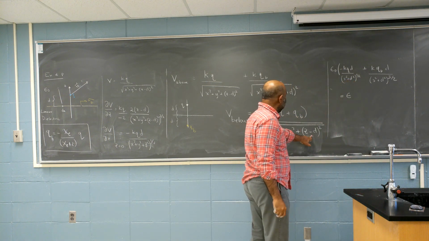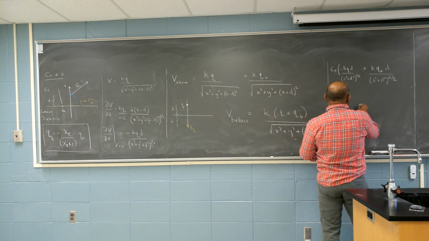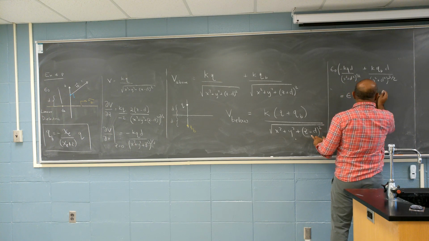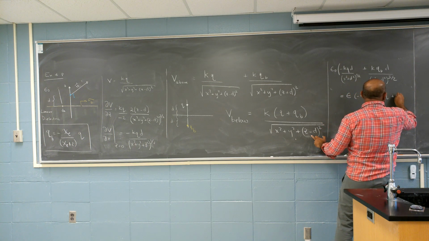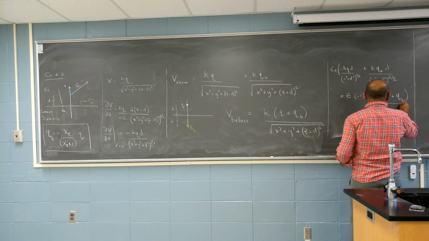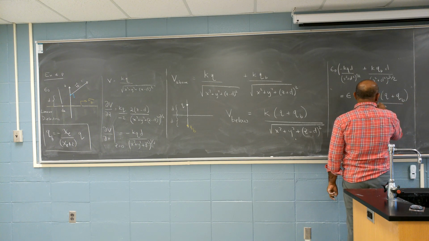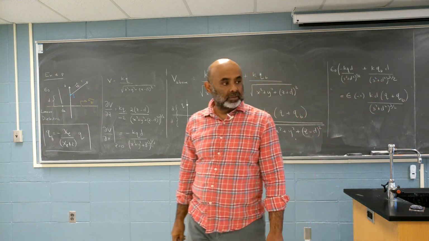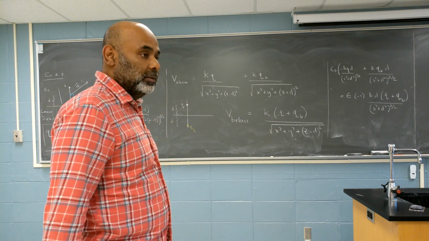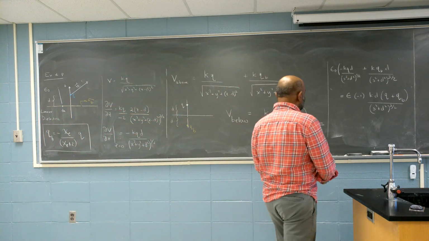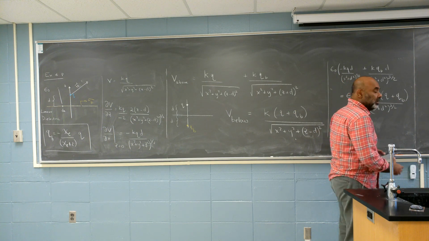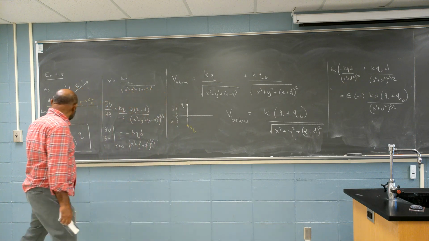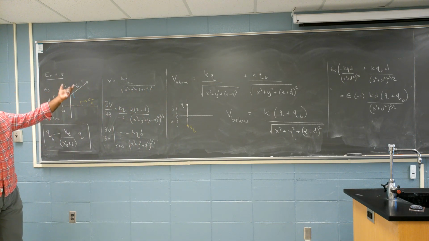This is both minus, so I would get a minus k d times q plus qb over s squared plus d squared to the 3/2. Correct? All I need to do is solve for QB. Because here we just called it randomly QB by guessing it. If we get the answer to be this, we're good to go. Everything else will just work out.